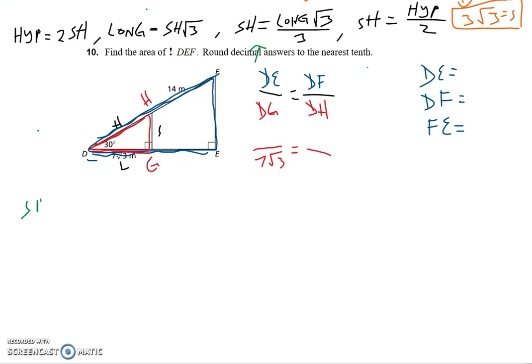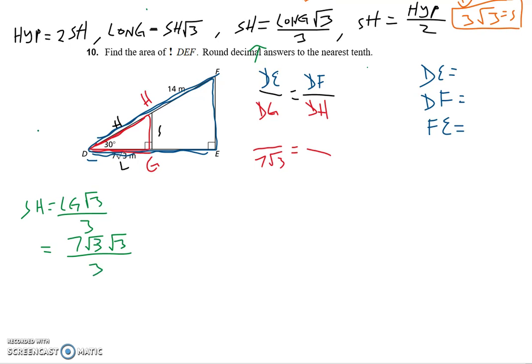Short equals long times square root of 3 divided by 3. So the long is 7 square roots of 3, and then it's times square root of 3 divided by 3.